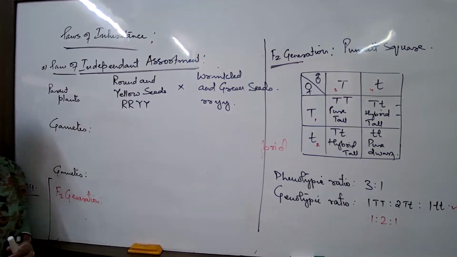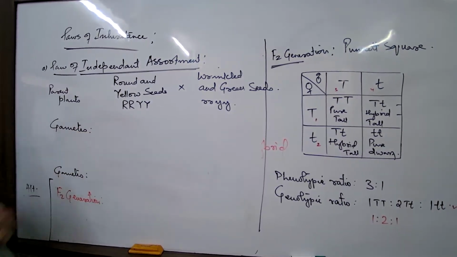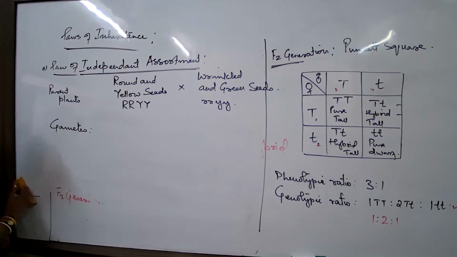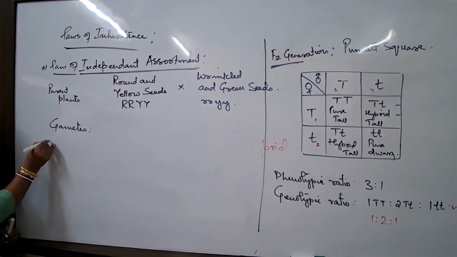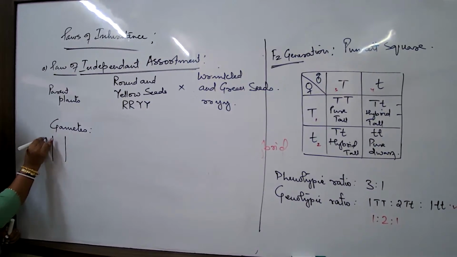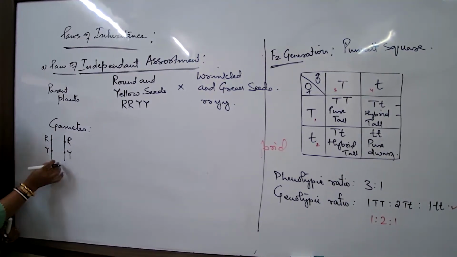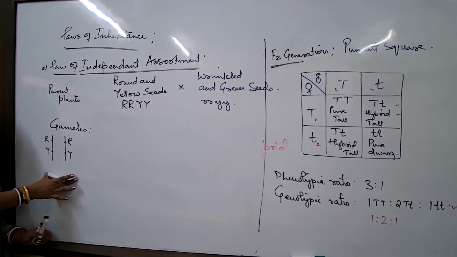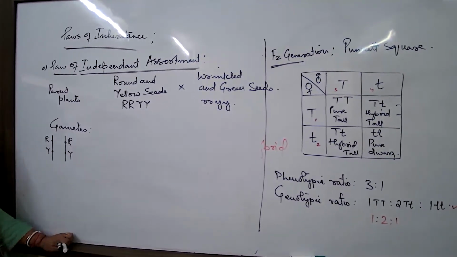Tell me how many types of gametes from these plants? What did I tell you earlier also? What are you supposed to understand? How many types of gametes? What is the situation here? It's a pair of chromosome. Capital R hai and then capital Y hai. And if these two chromosomes have to split, cell division agar hona hai, then how many types of gametes will be formed?